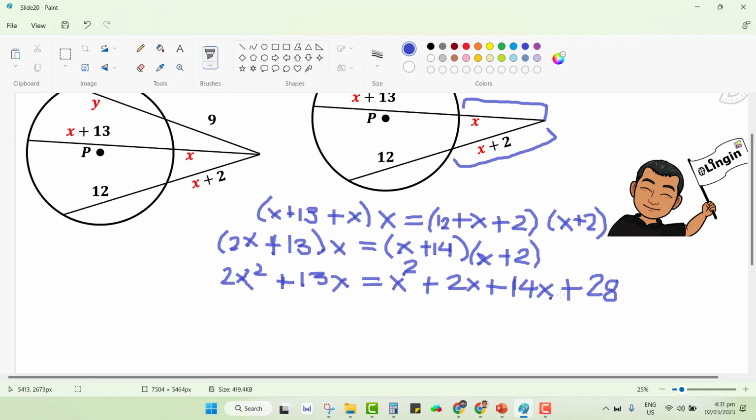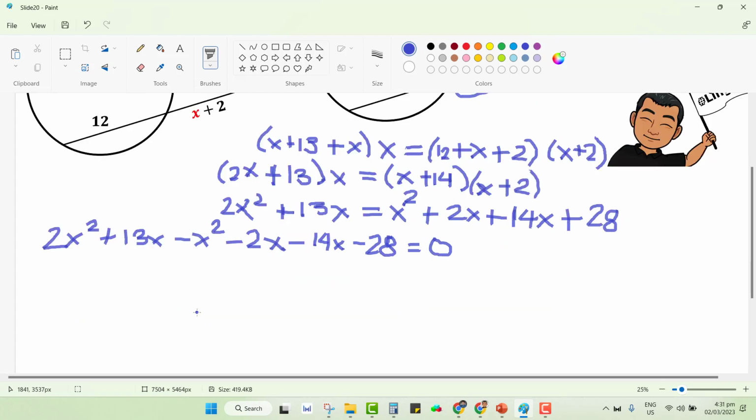Now we can transpose all of this to the other side to come up with one general quadratic equation, in quadratic equation standard form. You have 2x squared plus 13x, then this becomes minus x squared, minus 2x, and minus 14x, minus 28, equal to 0.